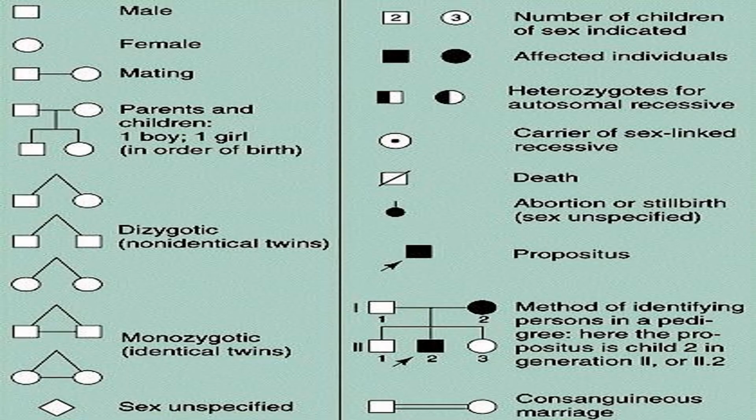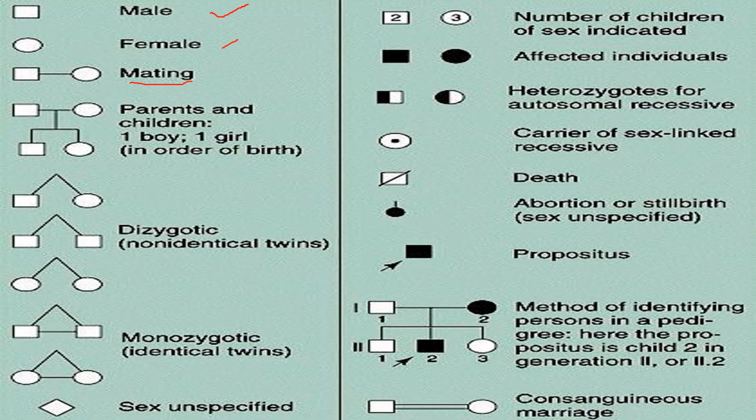These are the standard genetic symbols we were talking about in the previous slide. The male is represented as a square, and the symbol for female is a circle.